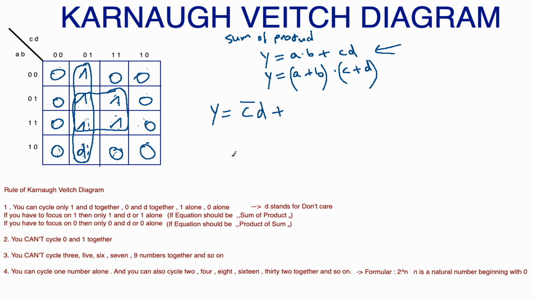Why? Because we have another cycle, okay? And this cycle is in the area of B, because we have 2 times B, and D, because we have 2 times 1. 2 times D is 1, okay?